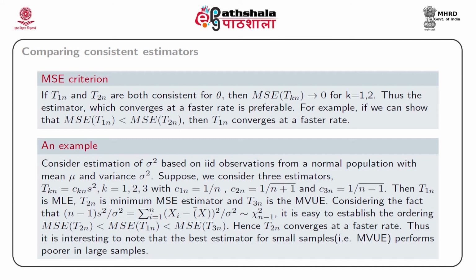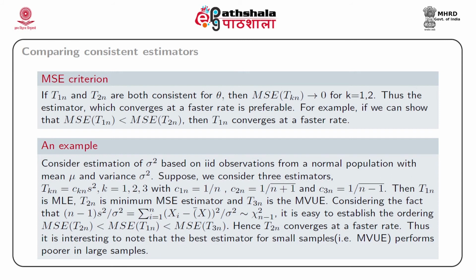So considering the fact that n minus 1 S square divided by sigma square has a chi-square distribution with n minus 1 degrees of freedom, it is easy to establish that the mean square error for T2n is less than the mean square error for T1n, and this is less than the mean square error of T3n. Hence, T2n converges at a faster rate.